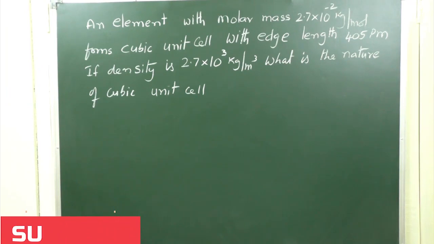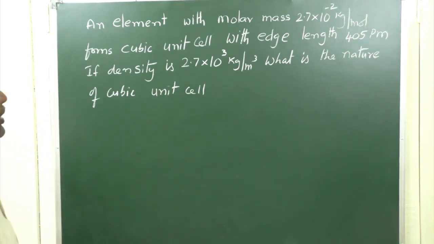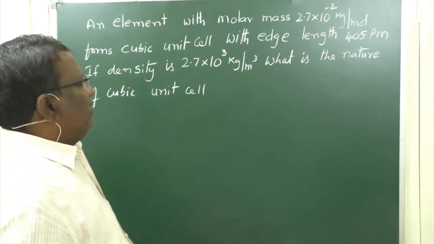An element with molar mass 2.7 into 10 to the power minus 2 kilograms per mole forms a cubic unit cell with edge length 405 picometers. If density is 2.7 into 10 cube kilograms per cubic meter, what will be the nature of the unit cell? Here the units are given in SI units.